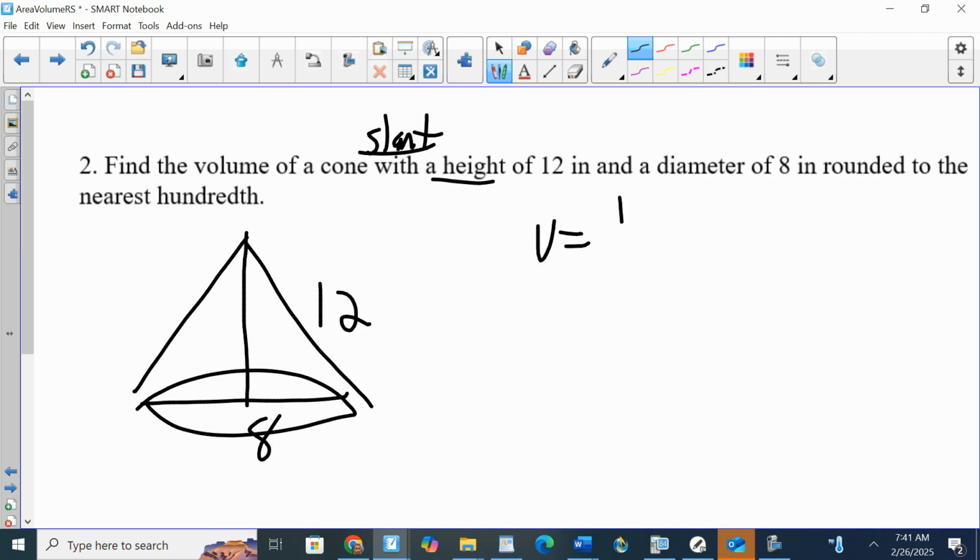Volume of a cone is 1/3 pi r squared height. I don't have the height, I have the slant height. When that's the case, I need to do Pythagorean theorem. A squared plus b squared equals c squared.